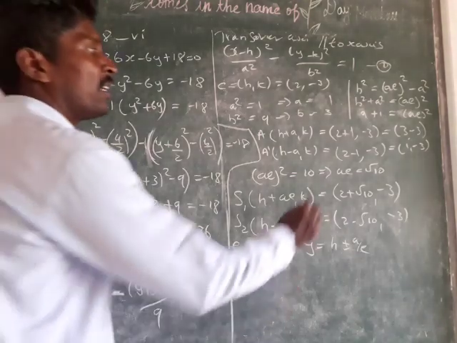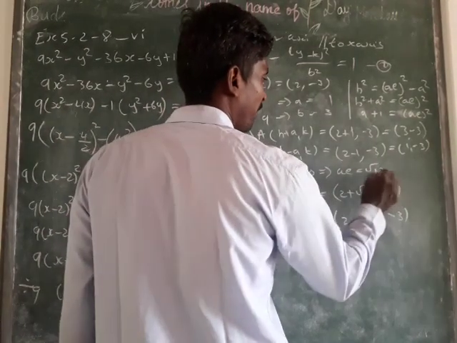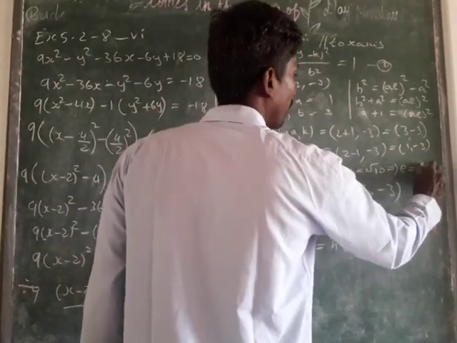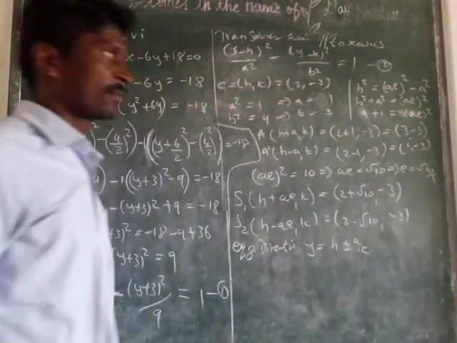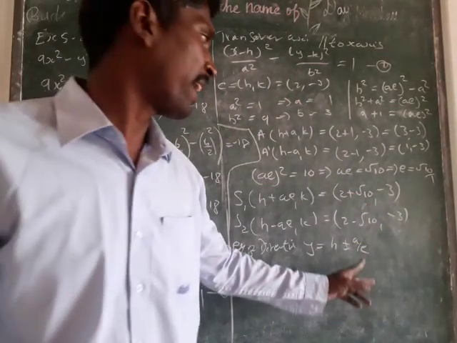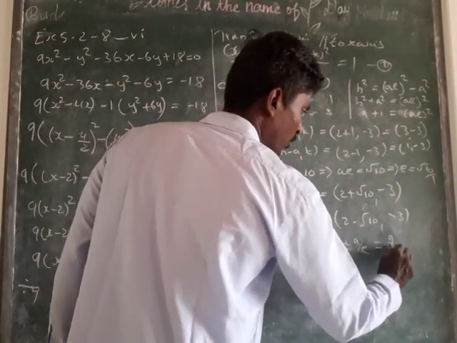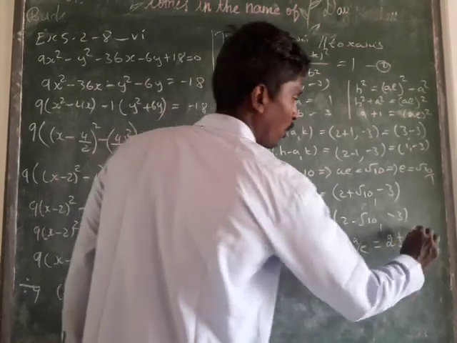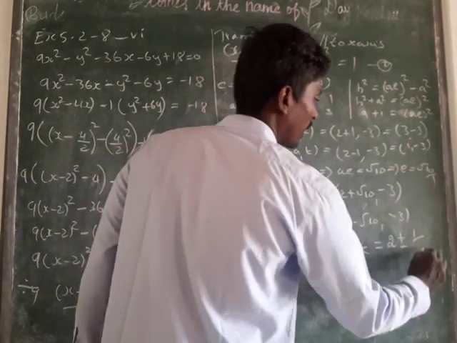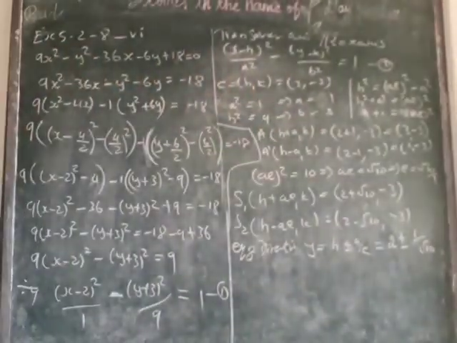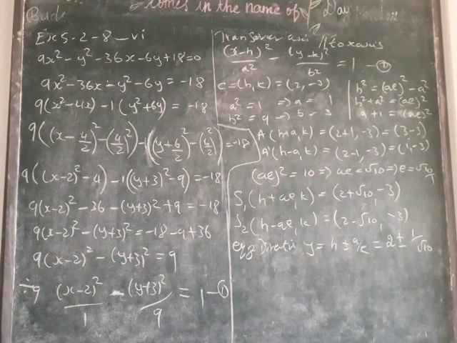What is the e value? e equals root 10 by 1. The a value is 1. So a by e is 1 by root 10. So the equation of the directrix is y equal to 2 plus or minus 1 by root 10.